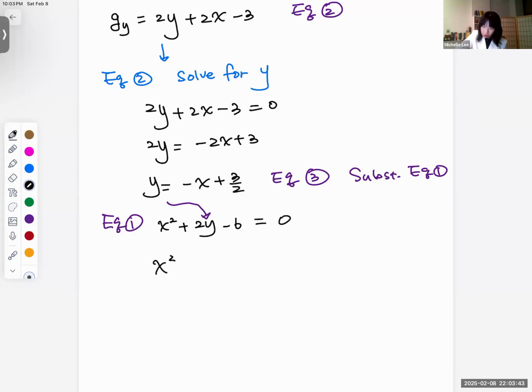So we have x squared plus 2 times negative x plus 3 over 2, minus 6 equal to 0.